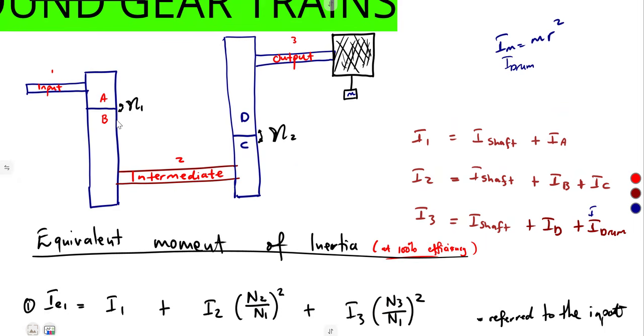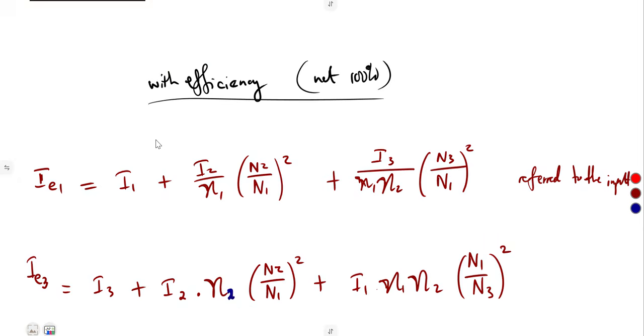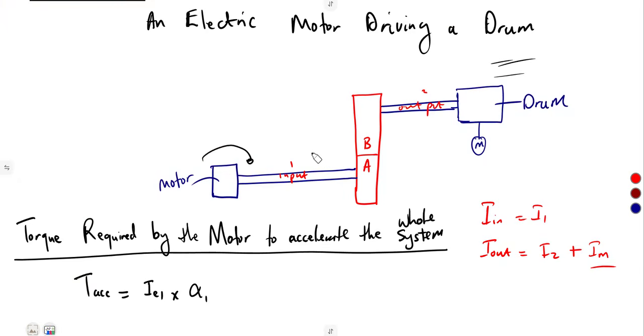This time, it is just A and B, input, output. So we cannot have the calculation like what we had.